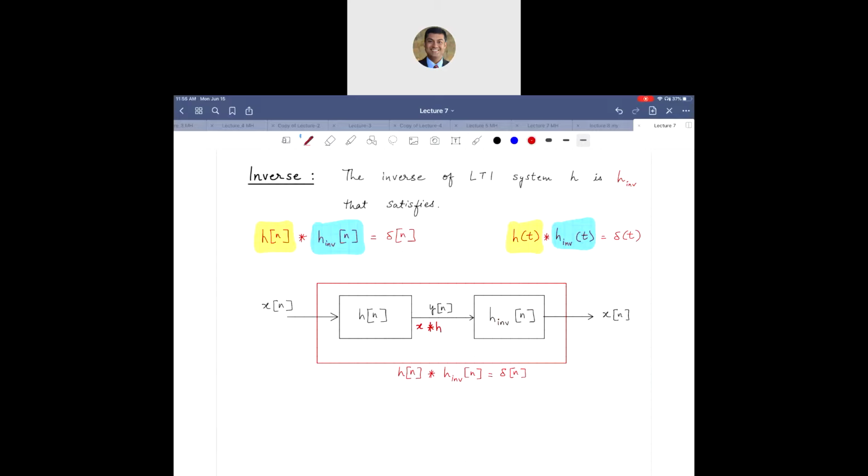And what is this? This is simply X convolved with H convolved with H inverse, which is what? X convolved with delta is X. So if that is true, then we can consider H inverse to be the inverse of H.